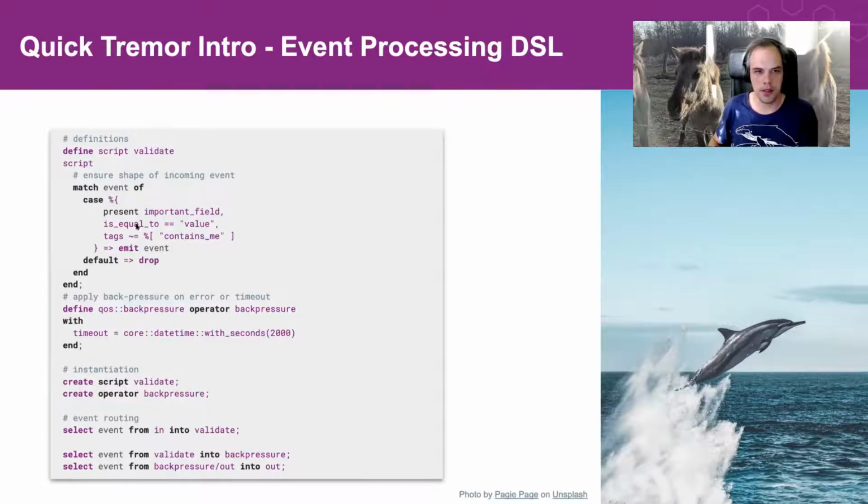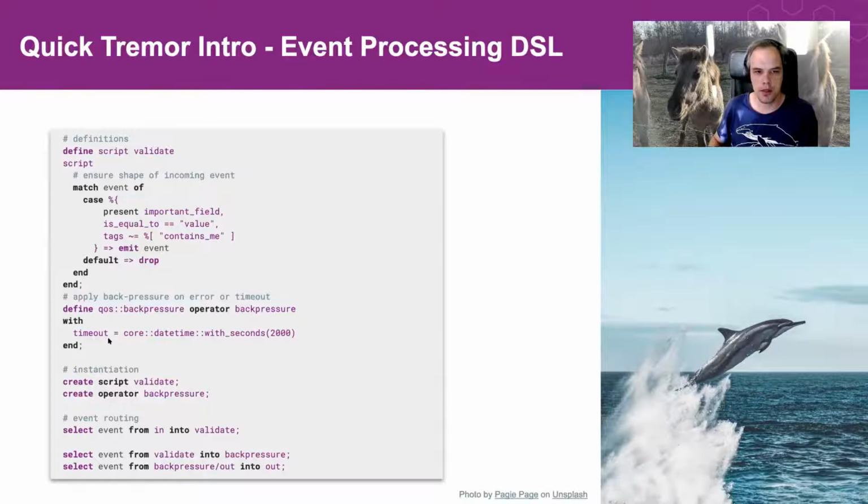Some field has a value of the string called value, and there must be a tags array that contains the string contains. If it's fine, we just emit the event and it goes through. Otherwise, we drop it. This is just to give you an example of what you can do.